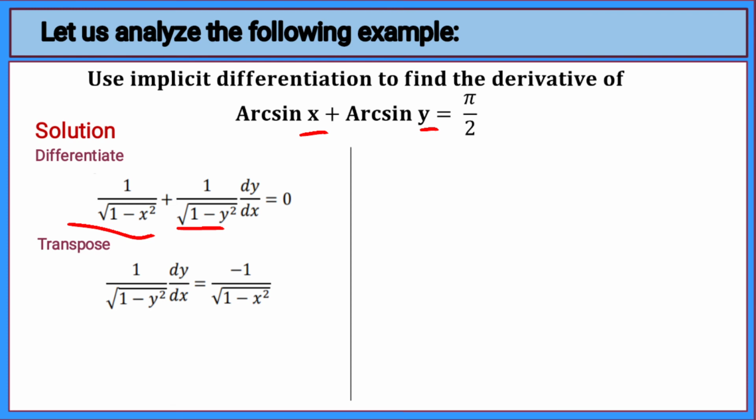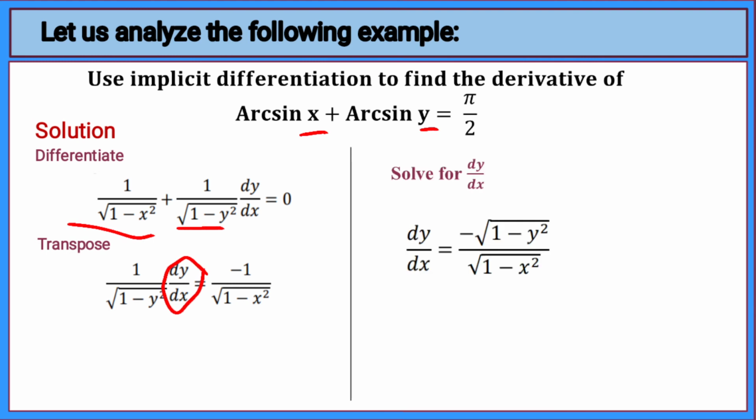And then next step we need to do is to solve for the dy over dx. So solving for dy over dx, it will become dy over dx is equals to negative square root of 1 minus y squared over square root of 1 minus x squared.